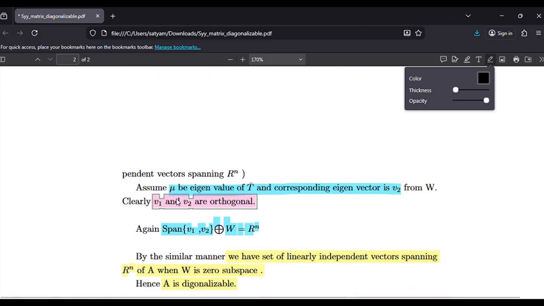So let mu be an eigenvalue of T bar corresponding to eigenvector V2.